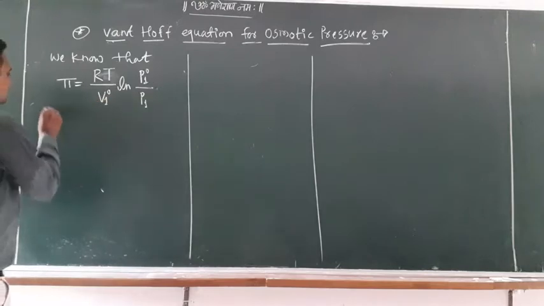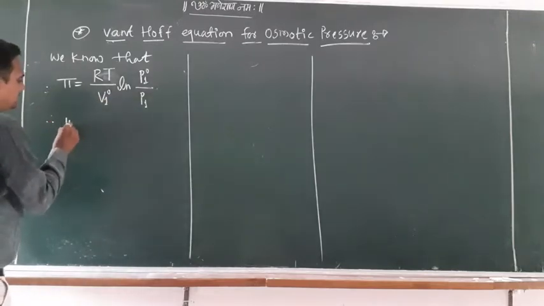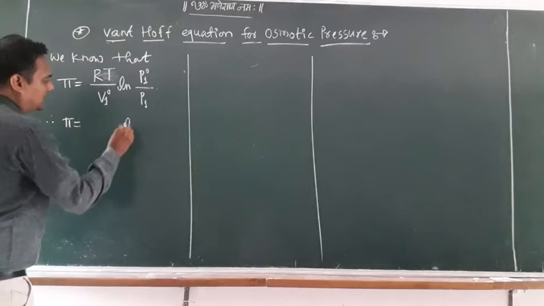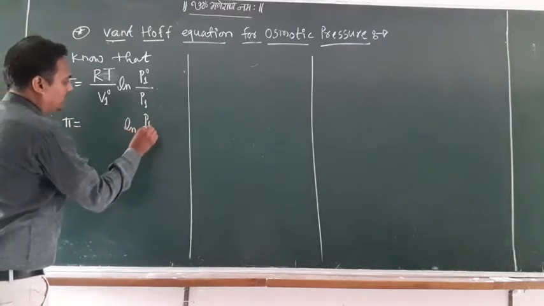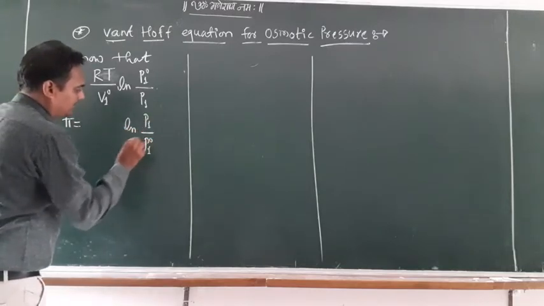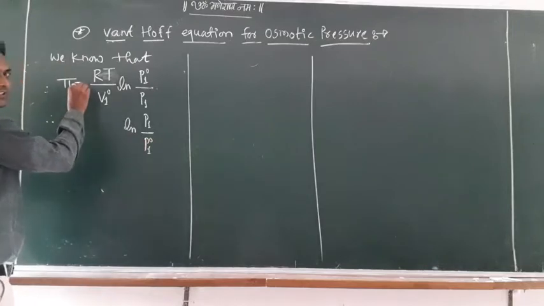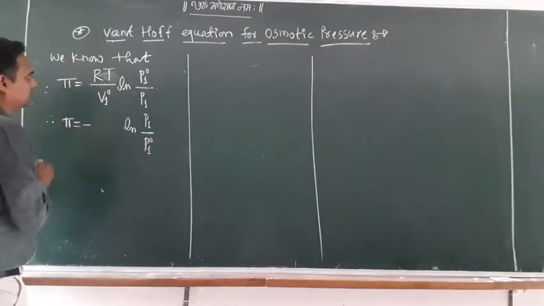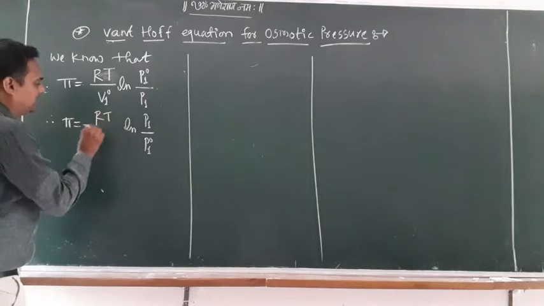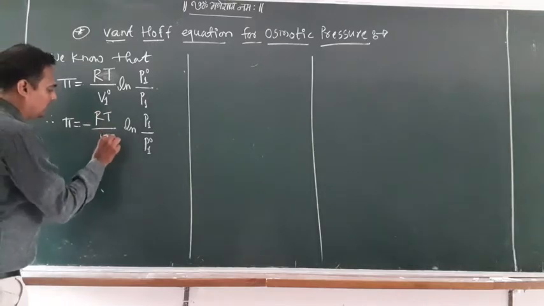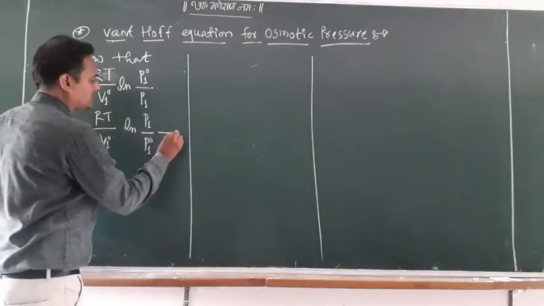So now I am writing pi is equal to ln of P1 upon P1 naught, then this positive sign becomes negative, minus RT upon V1. Okay, so this is equation number 1.